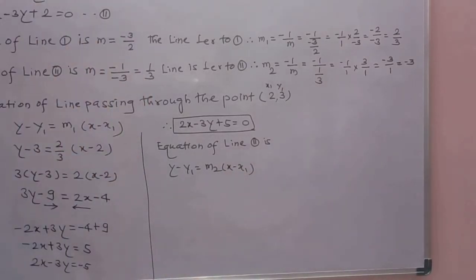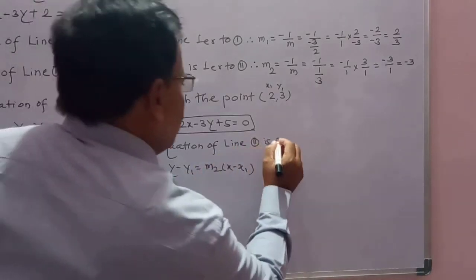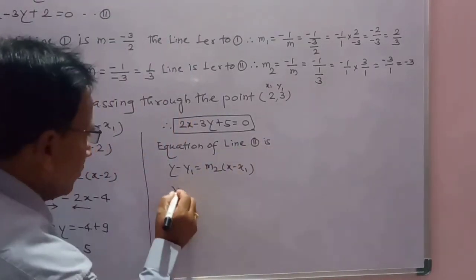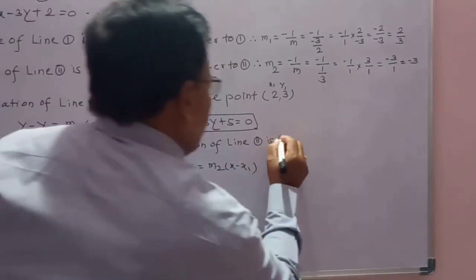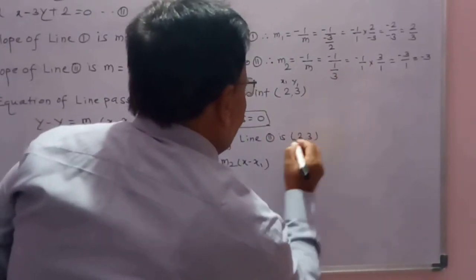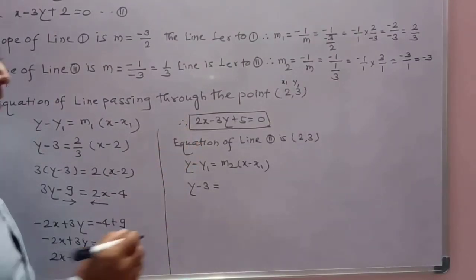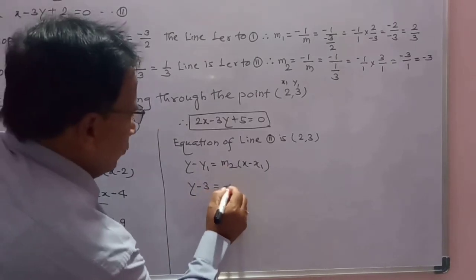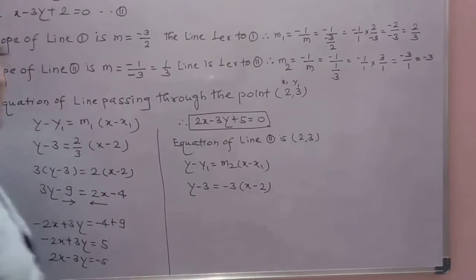The point is (2, 3), so x1 is 2 and y1 is 3. y minus 3 equal to m2, which is minus 3, into x minus x1, x1 is 2.